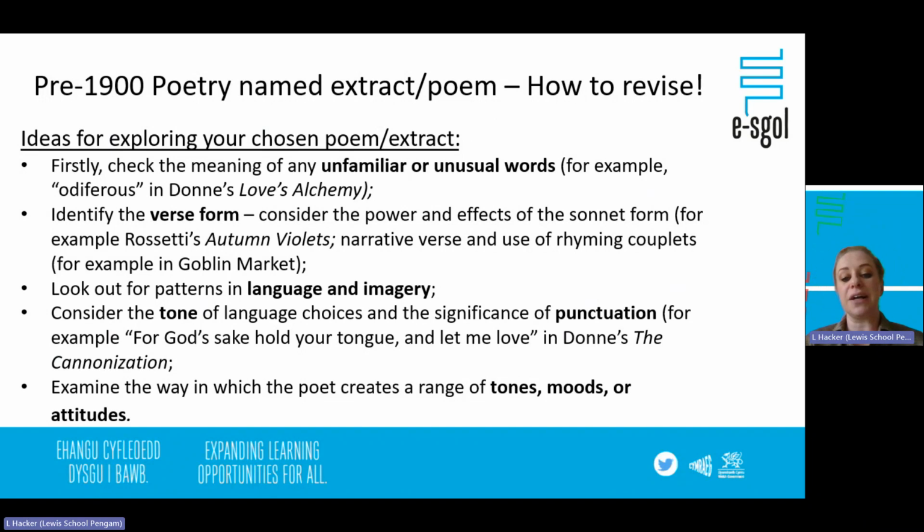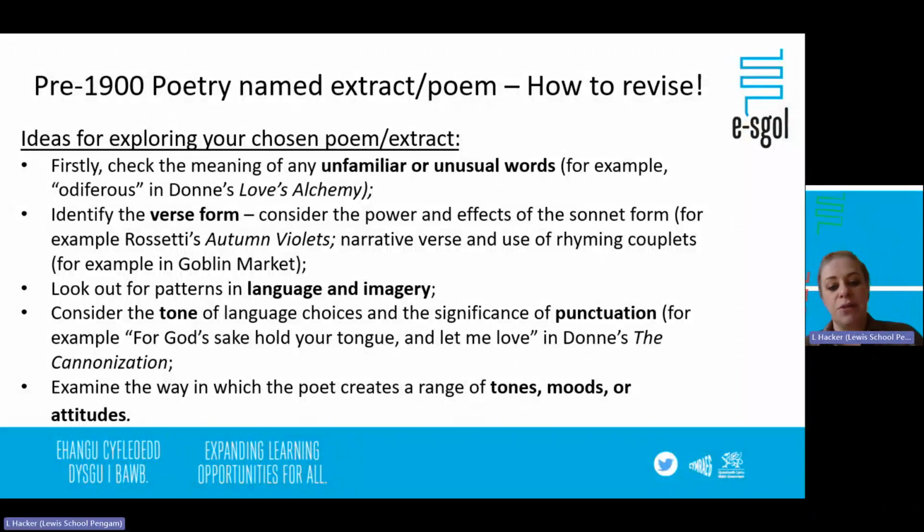Consider the tone of language choices and the significance of punctuation. For example, "For God's sake, hold your tongue and let me love" in Donne's The Canonization. Okay, so let's have a look at the tone of the poem. And is that tone conveyed through specific use of language?